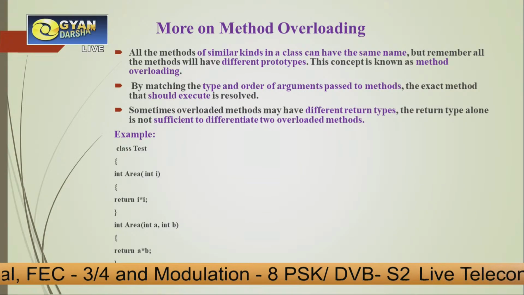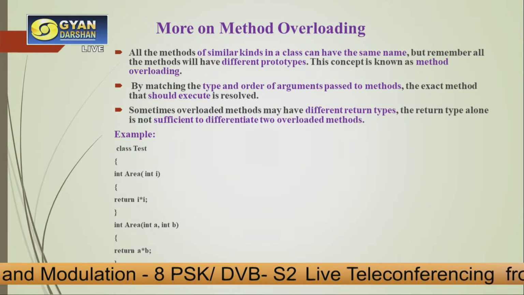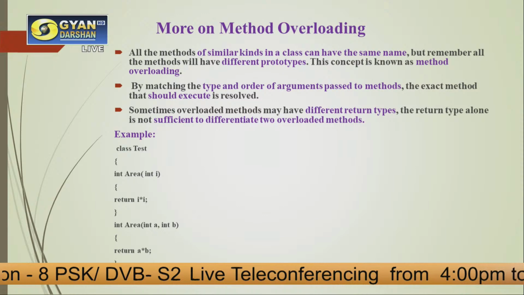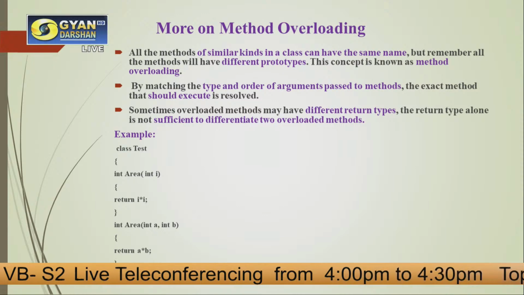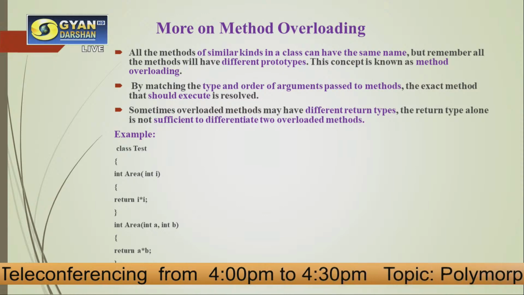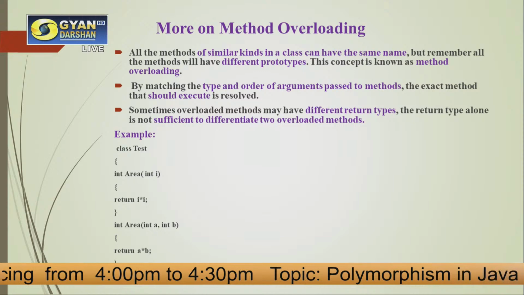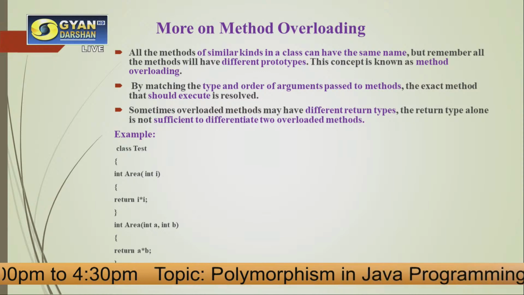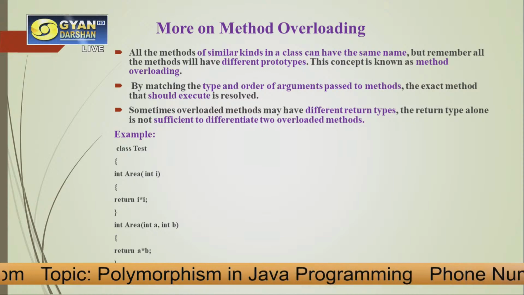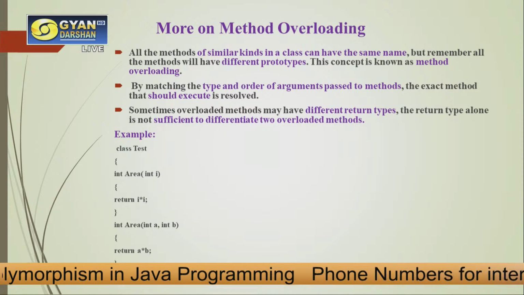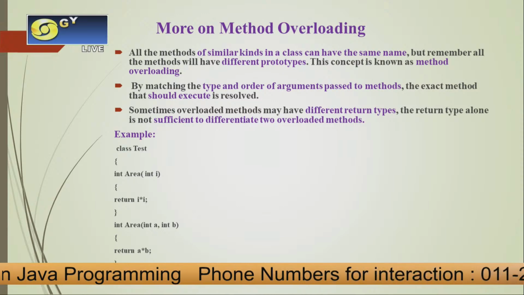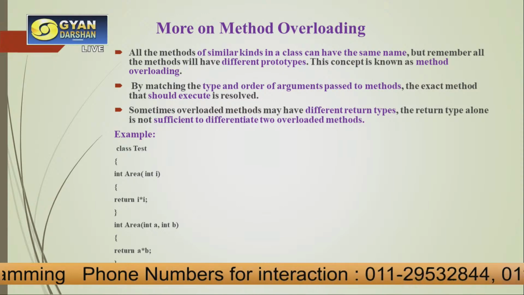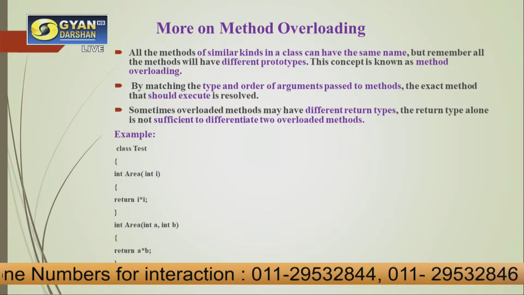And some more on method overloading. We can say that similar kinds of methods are there in a class and they have the same name, but the signature is different, and by the type or the order of the arguments passed to that particular method, it is decided which method is to be executed.